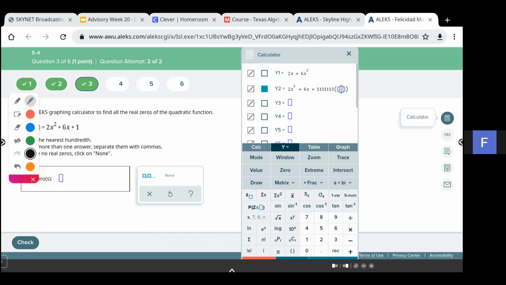So I'm running into a little bit of issues here by not being able to see that. And it's barely letting me click on what I want to click on.